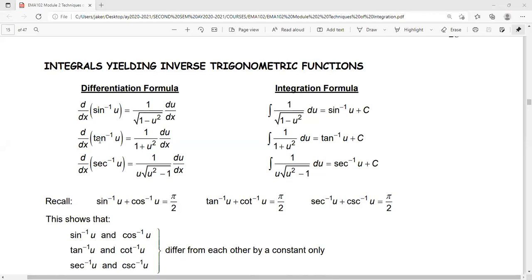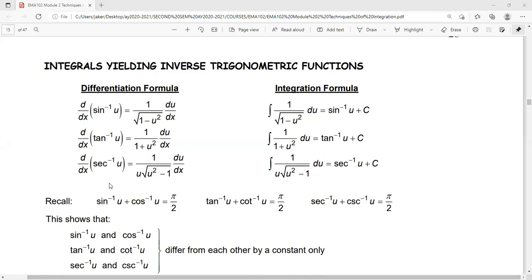For the arctan, the same, you take the derivative of the u, and then you divide the answer by 1 plus u squared. In the case of the arc secant of u, you also get the derivative of the u, and you divide it by u, square root of u squared minus 1. So these are your differentiation formulas then for these different inverse trigonometric functions.